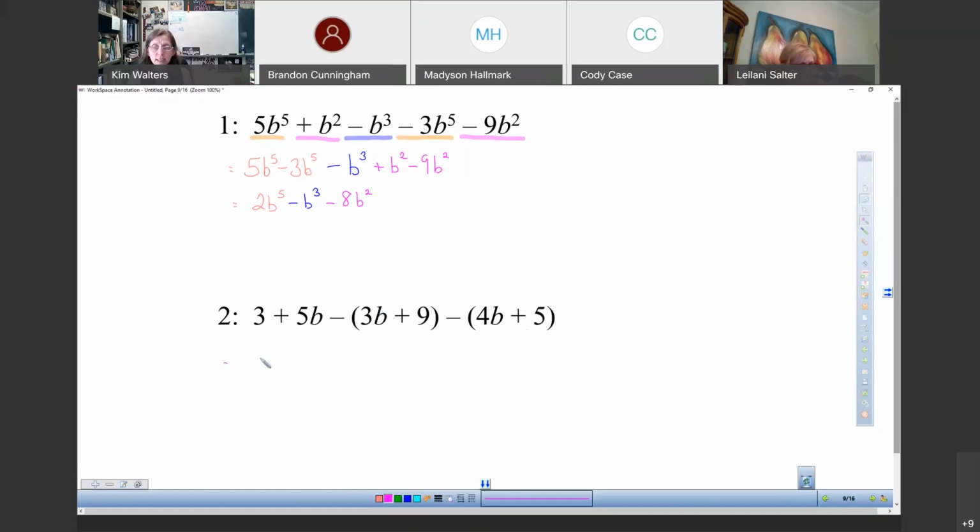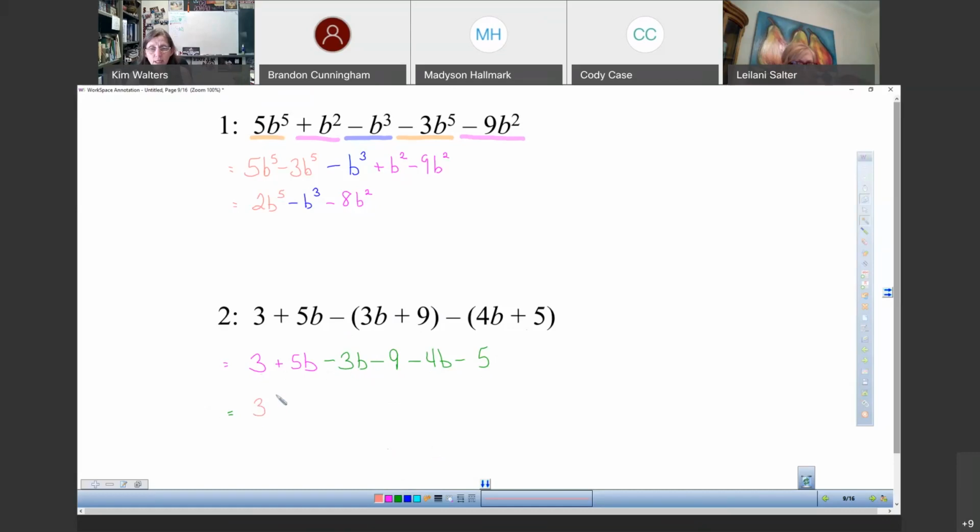And so this is 3 plus 5b. And then these are going to change. So negative or minus 3b minus 9. So I'm distributing that minus 4b minus 5. Okay. And so now I'm going to rewrite this again and just collect together.